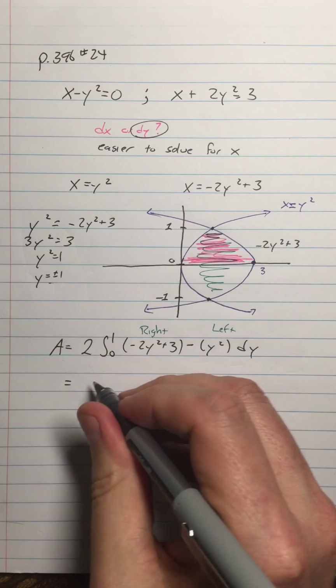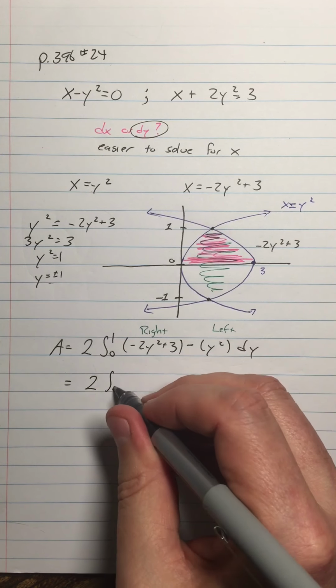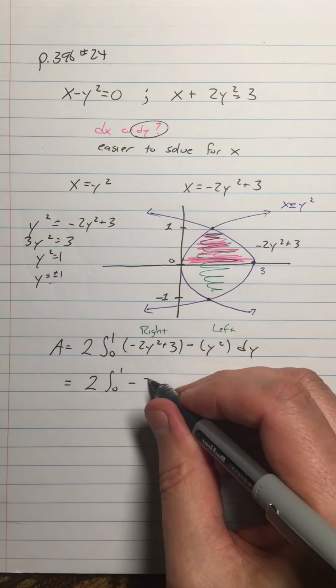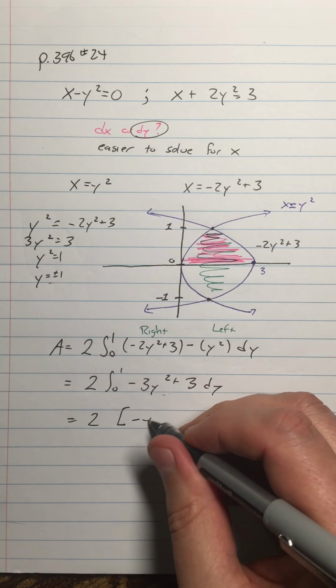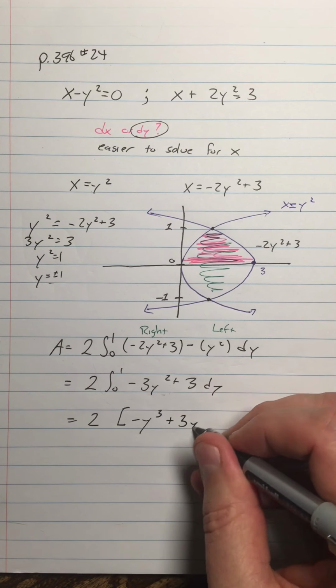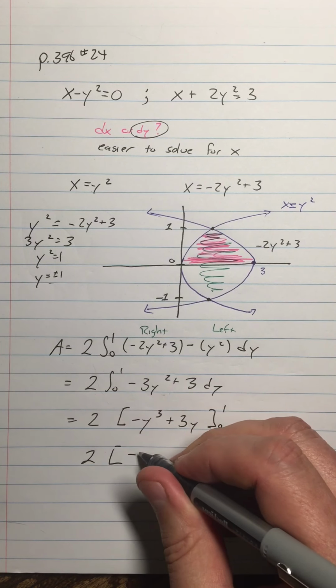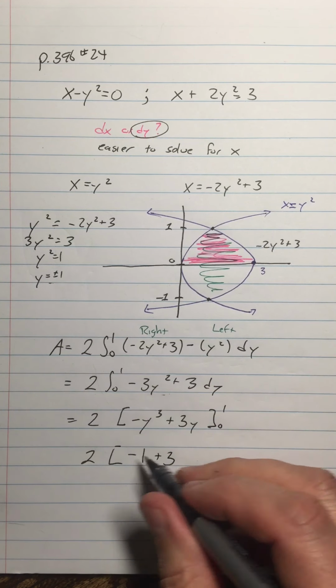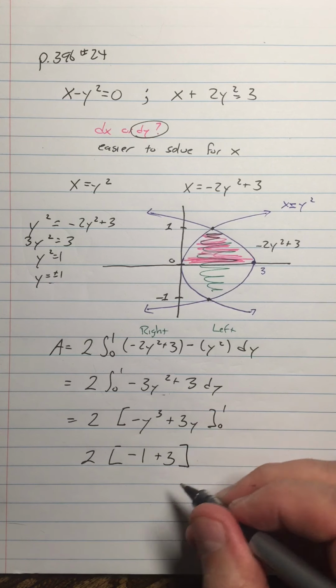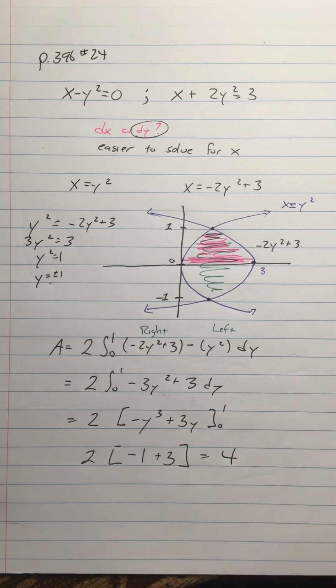All right, so I should simplify my integrand as much as possible. So negative 3y squared plus 3 dy, and then I do my antiderivative. This is nice and easy because it's negative y cubed plus 3y. I'm going 0 to 1, so I have 2 times negative 1 plus 3. I normally like to write in the 0, but you guys are getting some experience. Let's just leave it off. The answer is 4. Not too shabby.